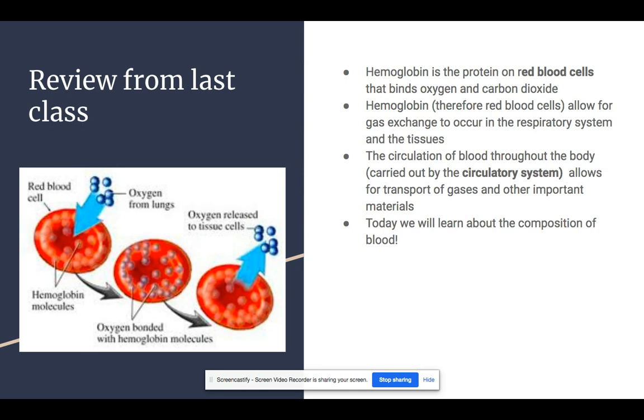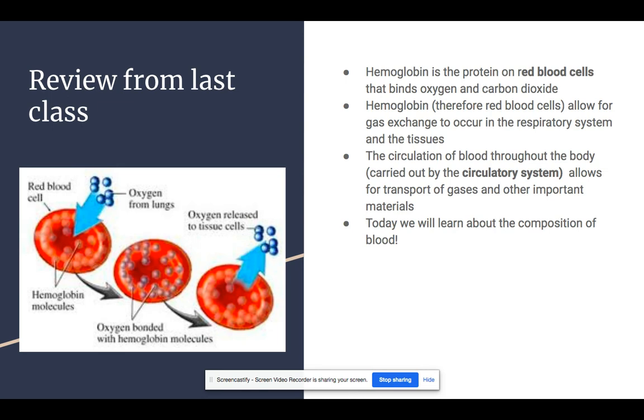We know we get carbon dioxide from the Krebs cycle. Haha, you guys thought we were done with cellular respiration? Not quite. But we're going to get carbon dioxide from the Krebs cycle, and that carbon dioxide will actually come onto the hemoglobin, and then it will be brought back to your lungs to breathe out. So that's what the hemoglobin is, that part of the red blood cell that allows for that gas exchange.